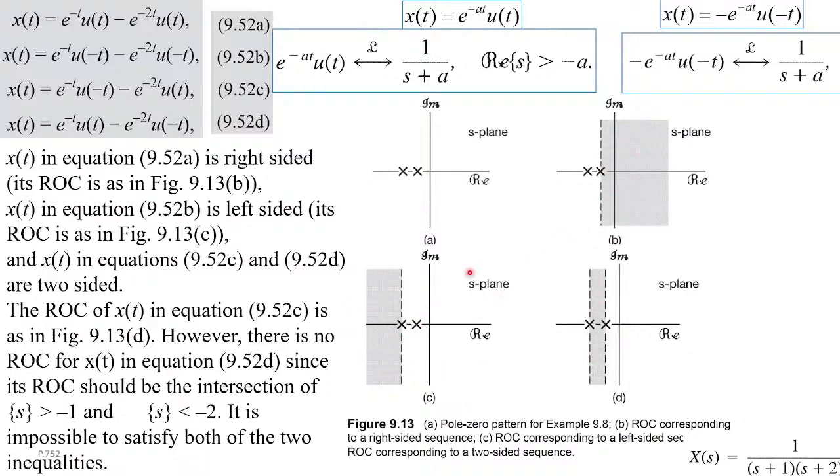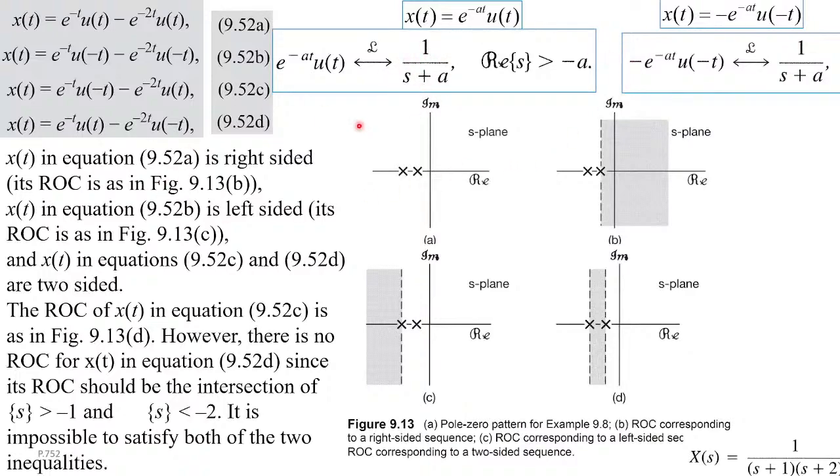So there are 3 possible ROCs, and they will correspond to 3 different inverse transforms. And they basically correspond to how you do the inverse transform around those 1 over (s+a) terms.